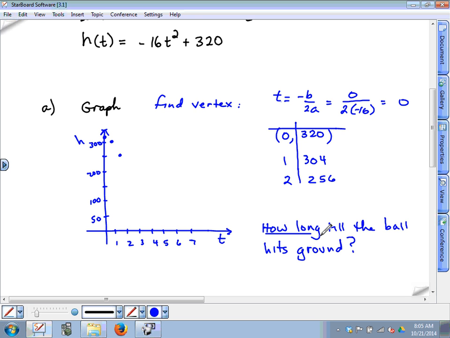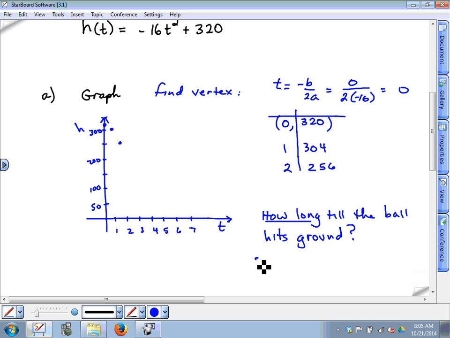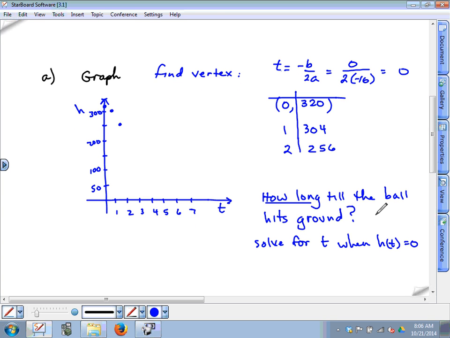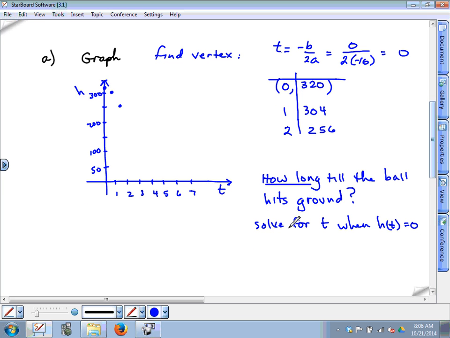We're solving for time. What's the height of the ball when it hits the ground, you guys? 0. So we're solving for time when the height is 0. Solve for t when h of t equals 0. When h of t equals 0, that means the height is 0. It's on ground level. So you got to solve this equation.